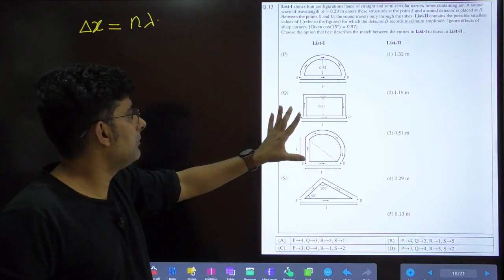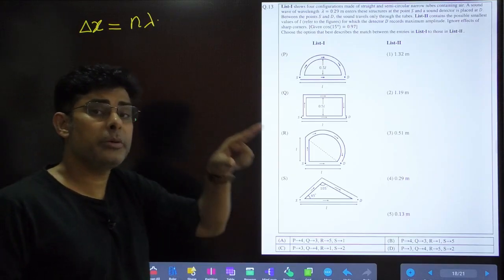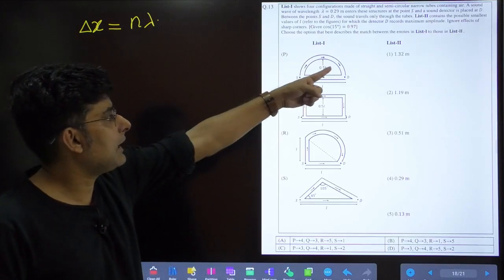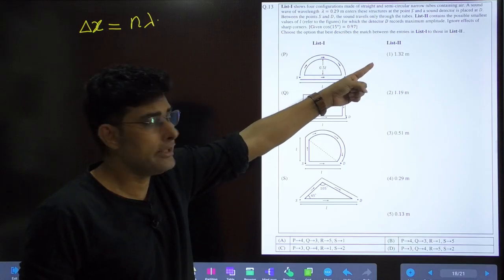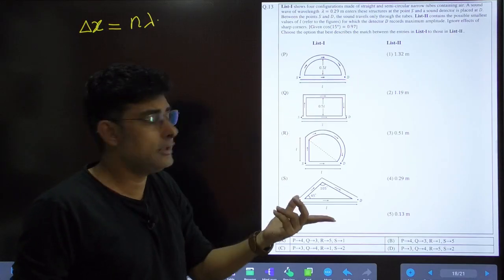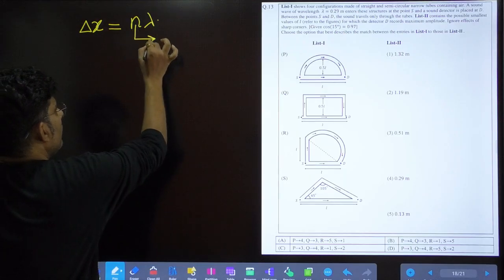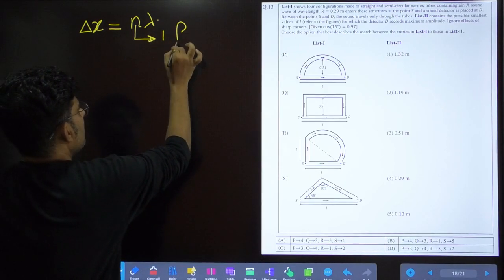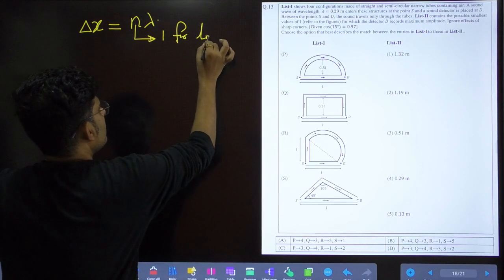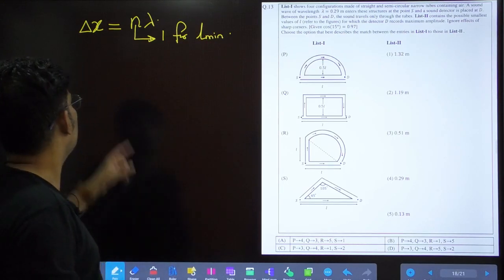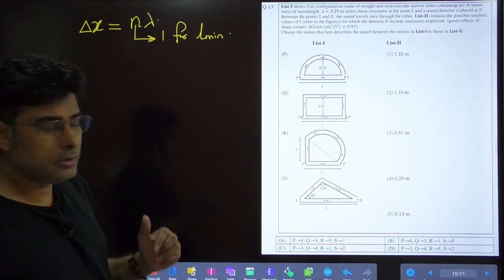Now if they are in multiples of L, so delta x will also become a multiple of L. Now if delta x is a multiple of L and we are asked to take the least non-zero value of L, that means we have to take the least value of n. So n should be taken as 1 for the least value of L. So we have to simply equate path difference to lambda.